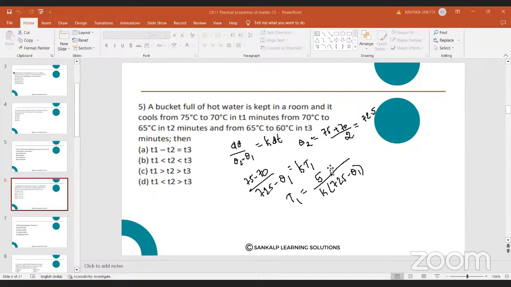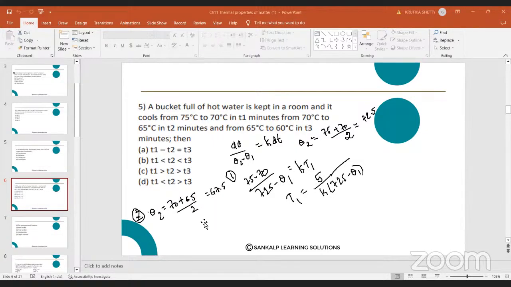So you simplify. I'll give you the hint here for theta 2. This is case 1. For case 2, theta 2 is equal to 70 plus 65 by 2, which is equal to 67.5. This is theta 2.